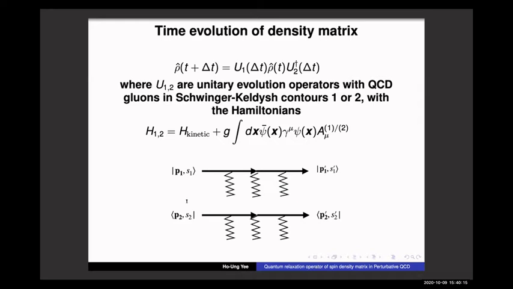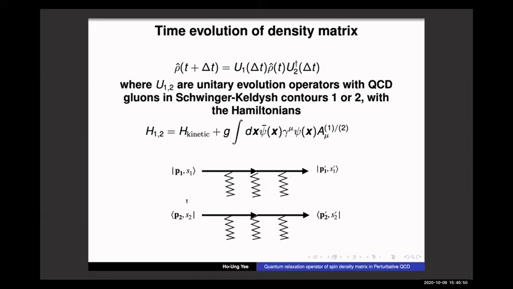So now here comes the main point of our computation, the time evolution of the density matrix. Well, it's simply given by the unitary time evolution, but the important point to make is that the bra part and the ket part of the state evolve with different unitary matrices, because the gauge fields in the Schwinger-Keldysh contours are different between the two contours.